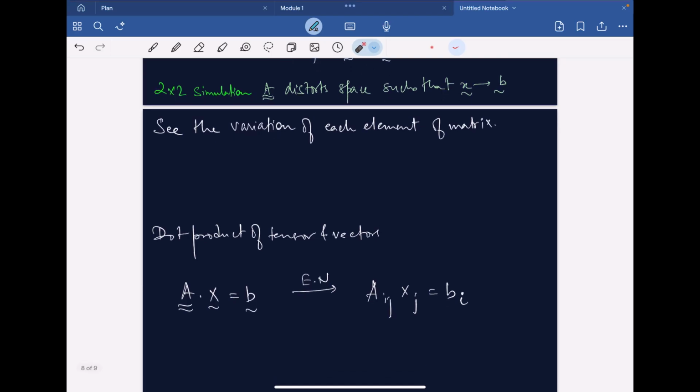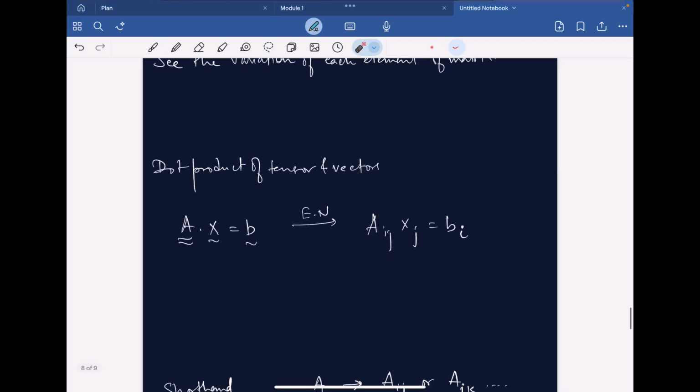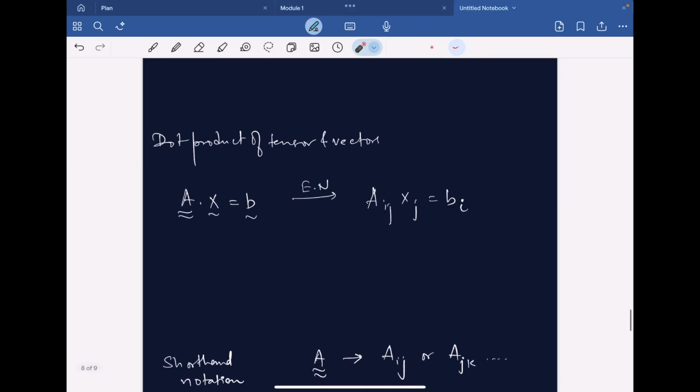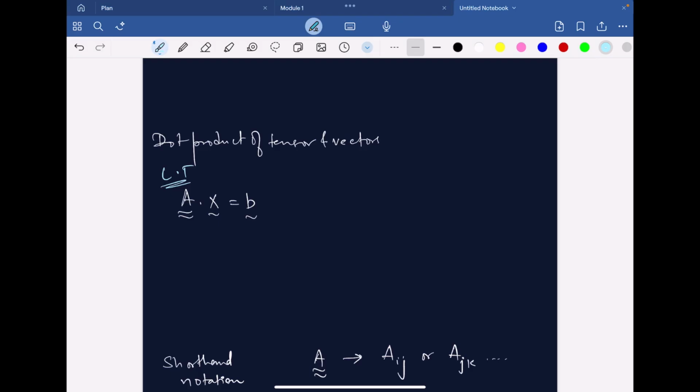Okay, coming quickly to the Einstein notation of the dot product between tensors and vectors, which is very simple now. Let's say you have A dot x, a simple linear transformation representation. How would you write it in Einstein notation? The rule is that you have to consider the closeness.